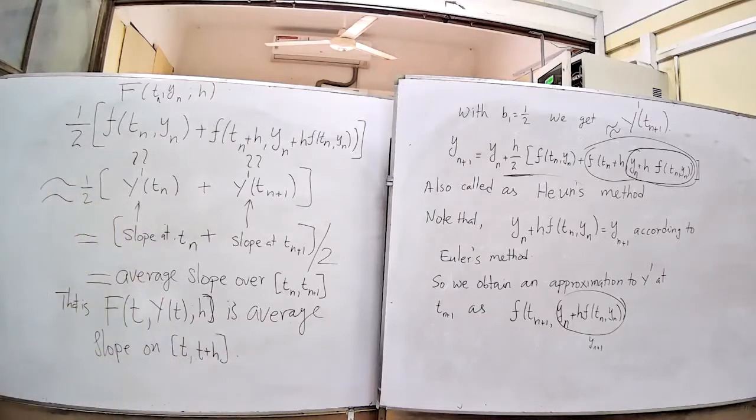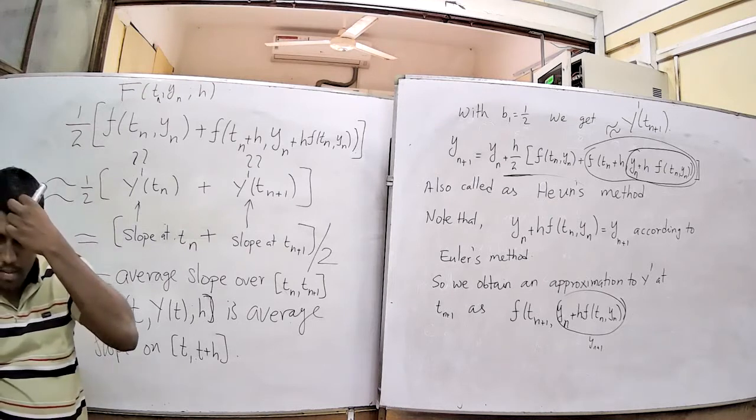So by this example, you can obviously see that capital F, the function you have in the Runge-Kutta method, is basically an average slope over the interval T to T plus h. So that is why you have the Runge-Kutta method.